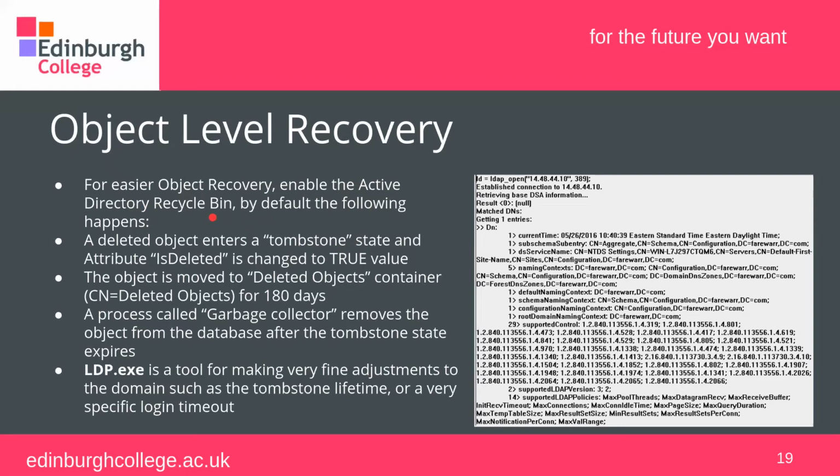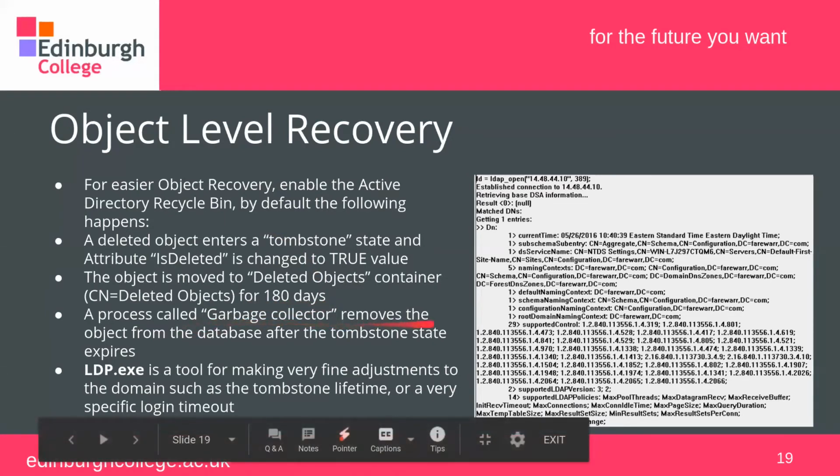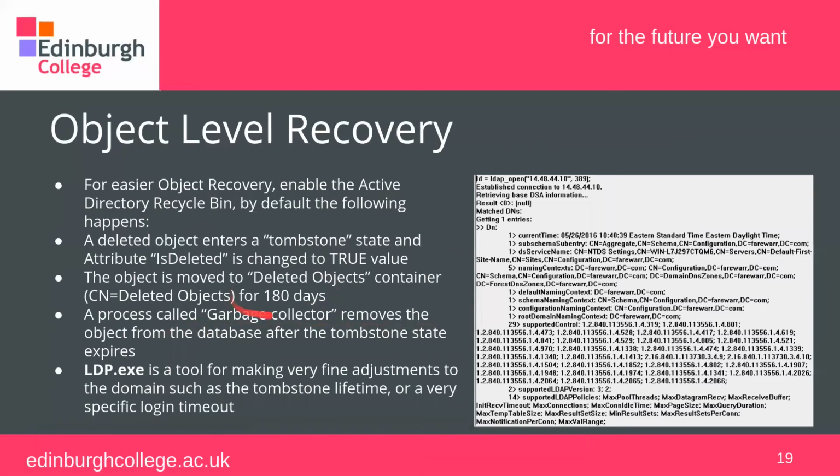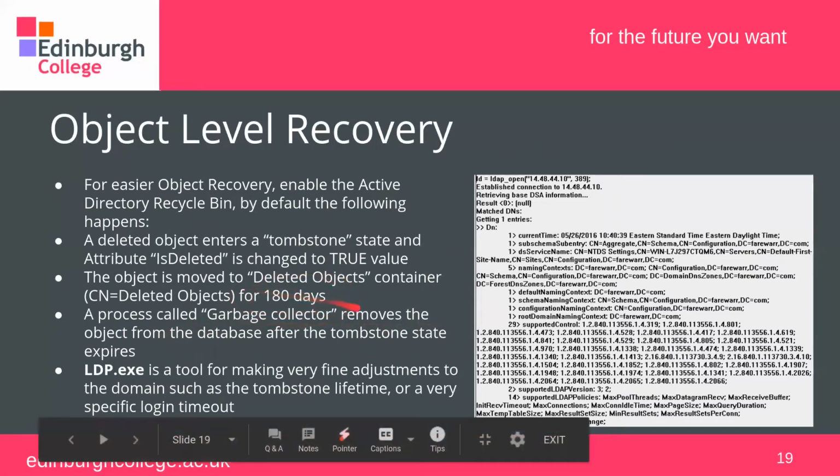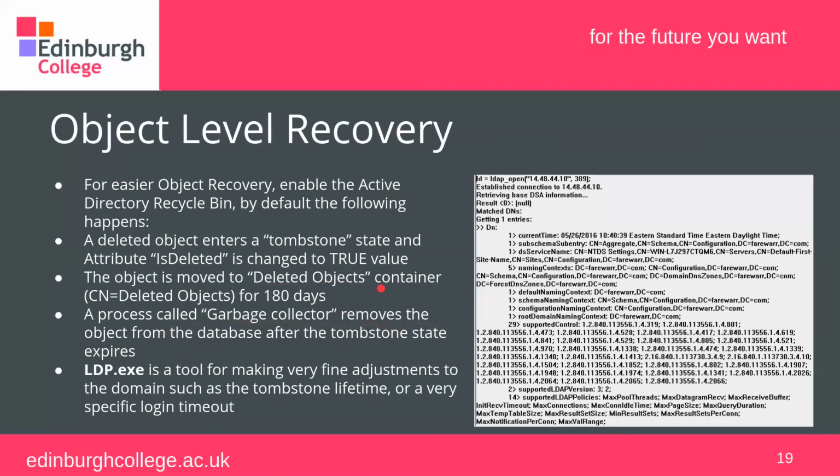So you delete an object, it goes into the Active Directory recycle bin, let's say for 180 days, then a process called the garbage collector removes it. You can go in and change this time, and you can recover these objects from the deleted objects status, as long as they're in the recycle bin.